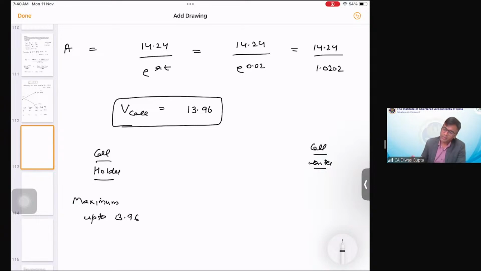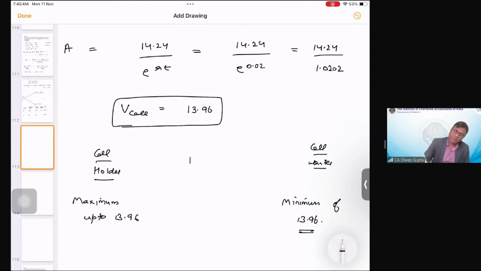Call writer will say that I will expect a minimum of 13.96 as the premium. Correct? Because call writer will say that at least this much I'm going to incur as a payoff. Call holder will say that maximum I will be able to pay this much because this is the amount that is expected to be paid to me.